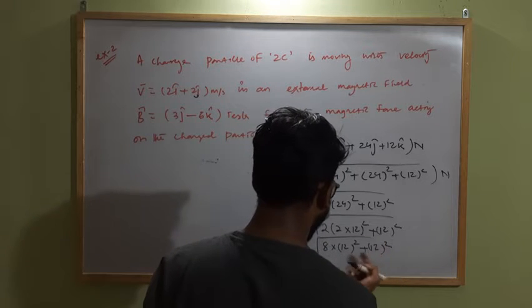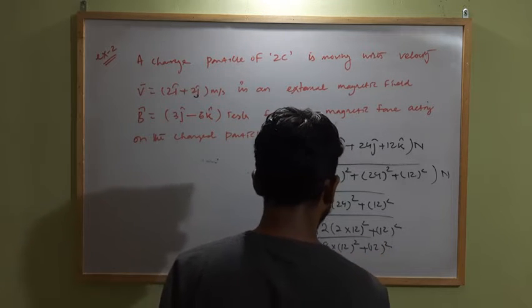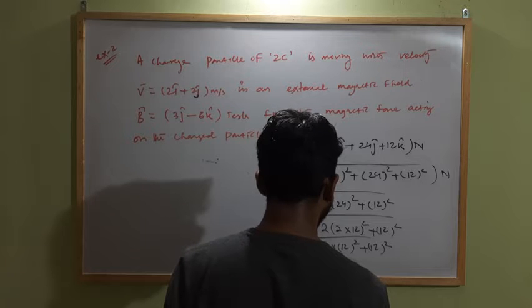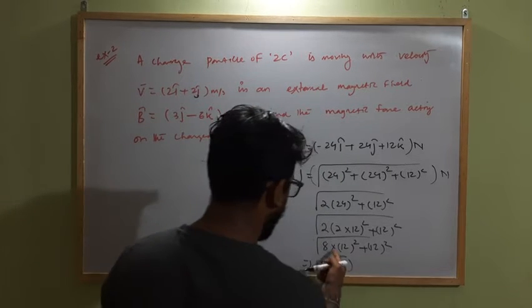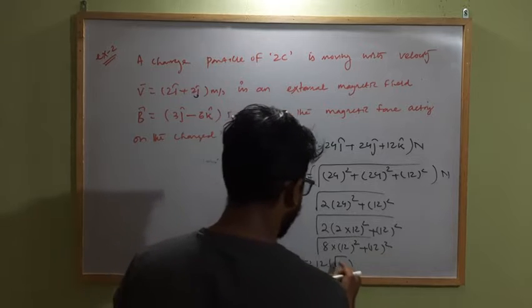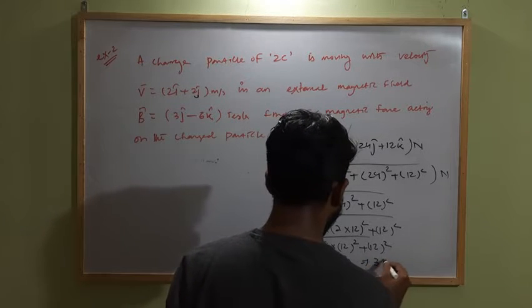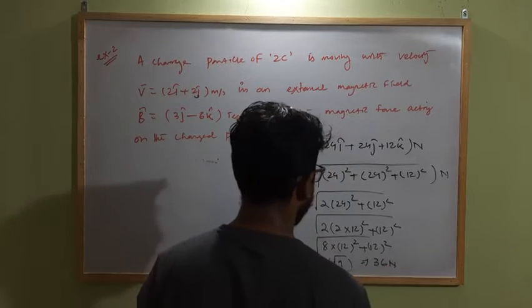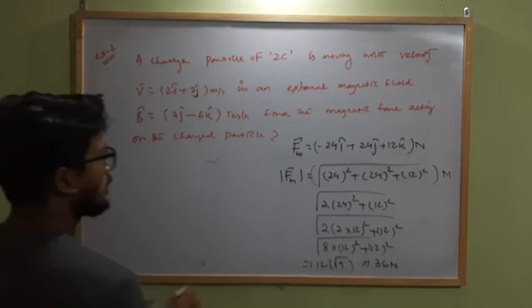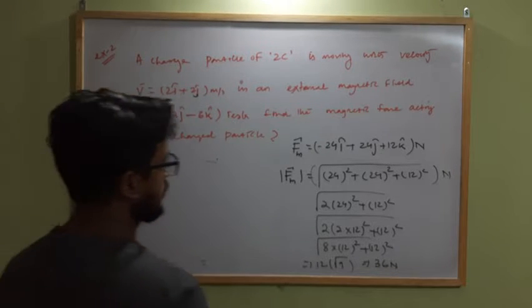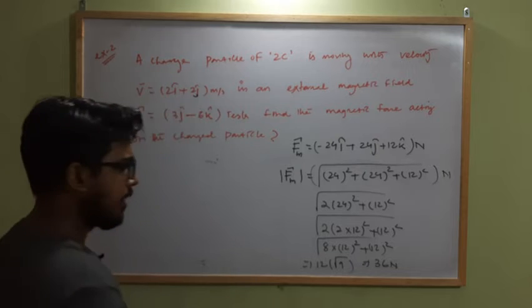Taking 12 square out of the root, it will be 12 into root over of 9, that is 8 plus 1, 9. So this will be 36 Newton. Clear? So the net resultant force will be how much? 36 Newton.